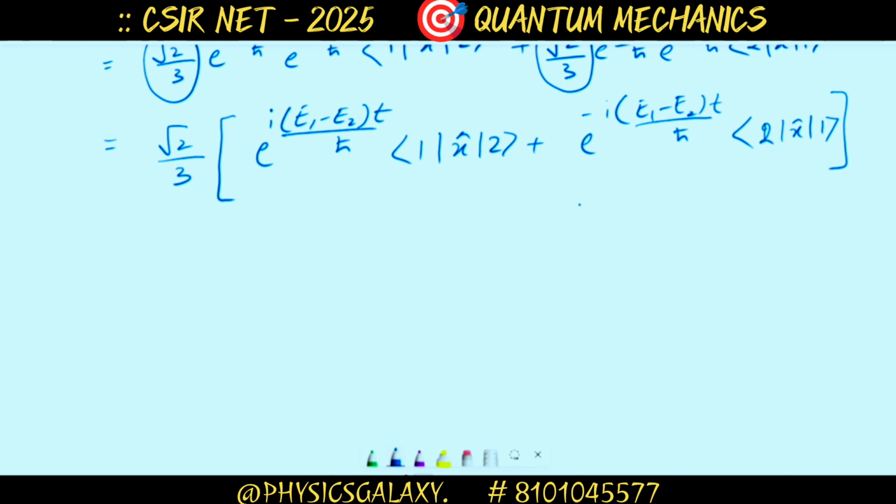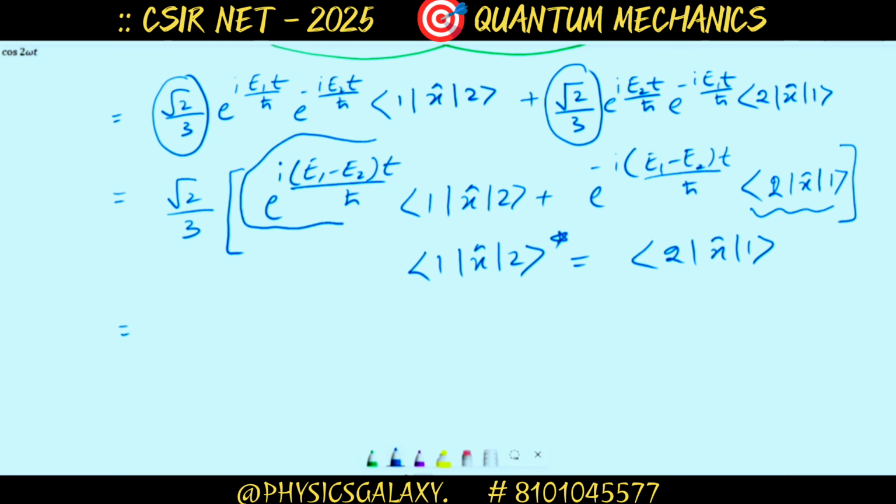Now we already know <1|x|2>, its conjugate will be <2|x|1>. And e to power iota theta plus e to power minus iota theta, we can simply use Euler's identity, so it will be equal to twice cos.